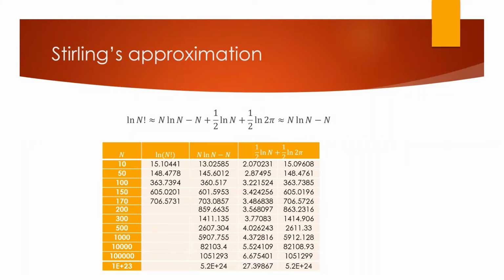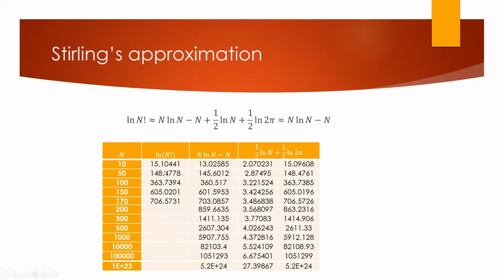Now, how does this work, and how do we actually go back and get n factorial? What we're calculating with Stirling's approximation, when we do n natural log of n minus n, we're always getting the natural log of n factorial. So if we want to go back into n factorial, which we sometimes do, we simply have to raise e to whatever number we get.